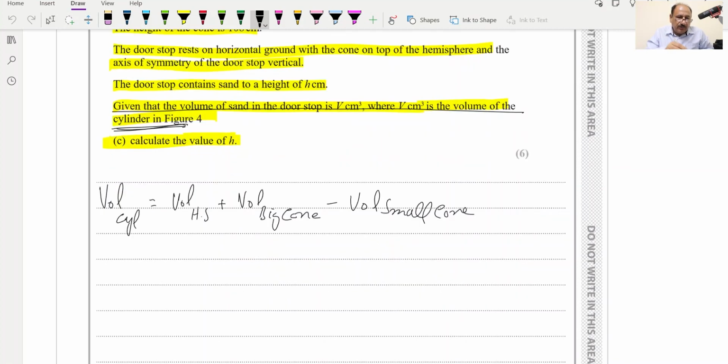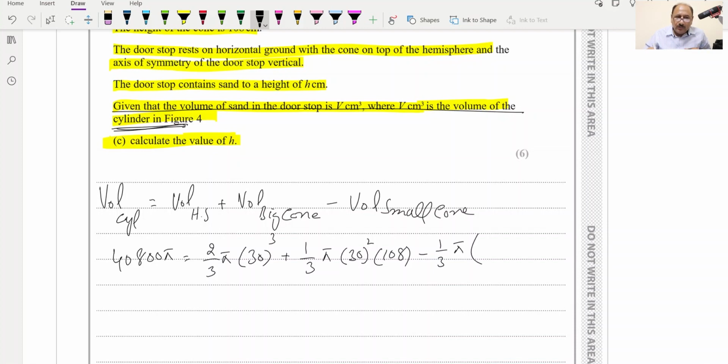Volume of cylinder, we can write 40800 pi is equal to volume of hemisphere, which is 2 by 3 pi into 30 cubed, which is r cubed, plus volume of bigger cone, which will be 1 by 3 pi into r squared, which is 30 squared, into height, which is 108, minus the volume of the smaller cone, which is 1 by 3 pi into r squared.